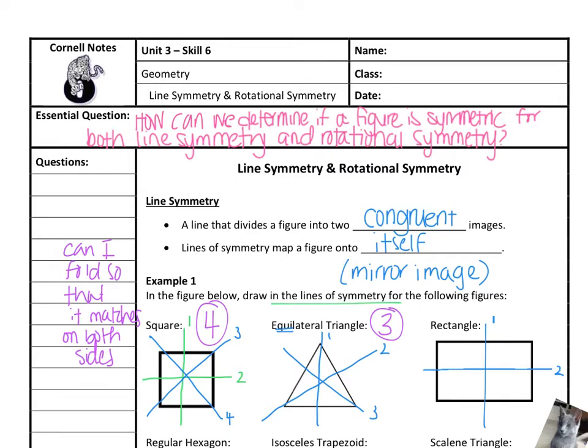The reason I cannot go diagonally is because if I fold it along that diagonal, this piece here would not map onto this piece here. If you don't believe me, take a piece of paper and fold it along the diagonal. You would see that this vertex does not map onto this vertex. So that cannot happen. So a rectangle actually only has 2 lines of symmetry.